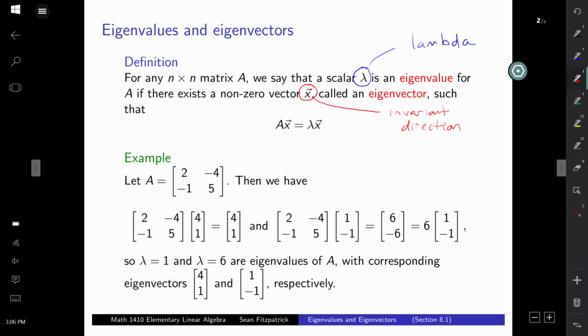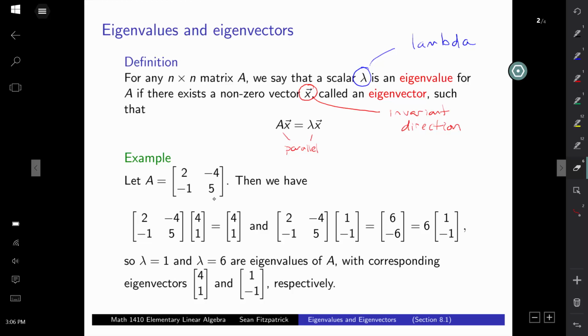We'll see soon that the magnitude of this vector is irrelevant. What matters is the direction, okay? And so we're looking for this direction which is preserved, so that when I do A times x, I get a result which is parallel to the original vector, right? So A times x is parallel to x. So these are parallel vectors, okay?